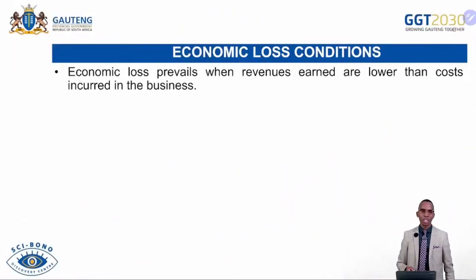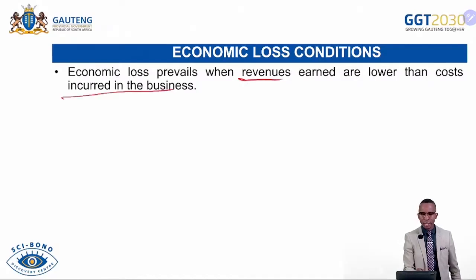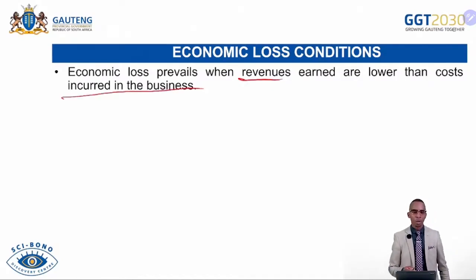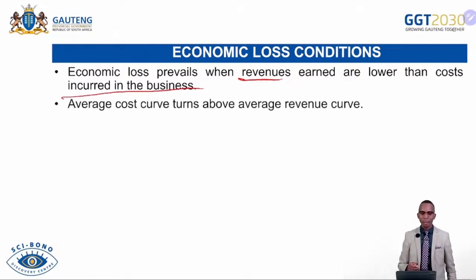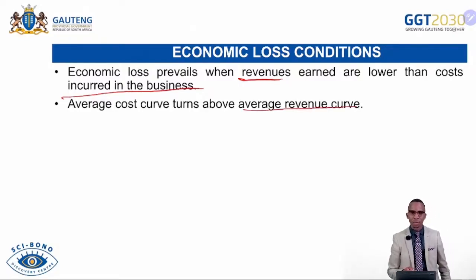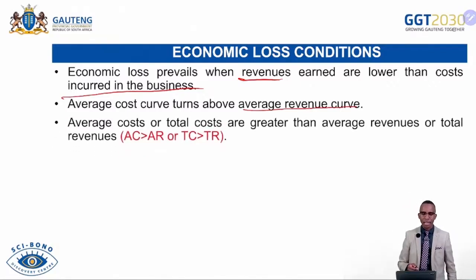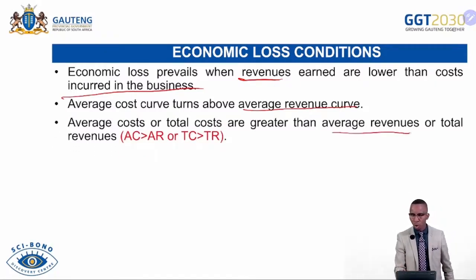So economic loss condition: if ever the firm is making economic loss, it prevails when revenues earned are lower than the cost incurred in the production process of the business. And then the average cost curve turns above average revenue. Average cost or total cost are greater than average revenue or total revenue.